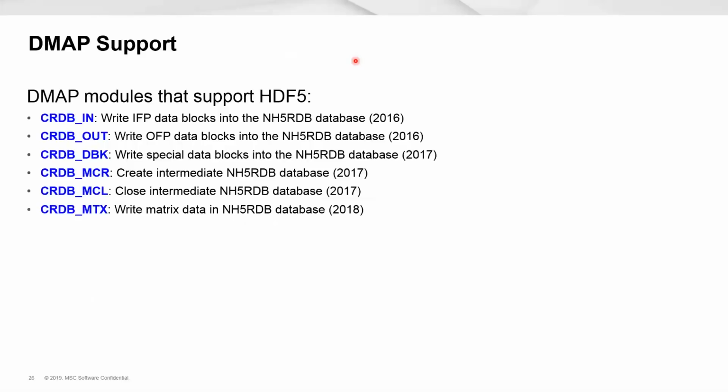The default is you get the modal matrices, but if you wanted something else, like a stiffness matrix or some other matrix that's not written by default, you can request that, and then you use this call here, CRDB MTX, create the database for the matrices, and in that call you can change which matrix you want to write out and do that inside of the DMAP, and then it's written into HDF5. Once you have access to that, you can either just cut and paste the table out if you need it, or if you want to write it programmatically, you can. So pretty straightforward. It's actually come up several times with customers just since it was released. I mentioned that in detail because I know there's some interest in that.